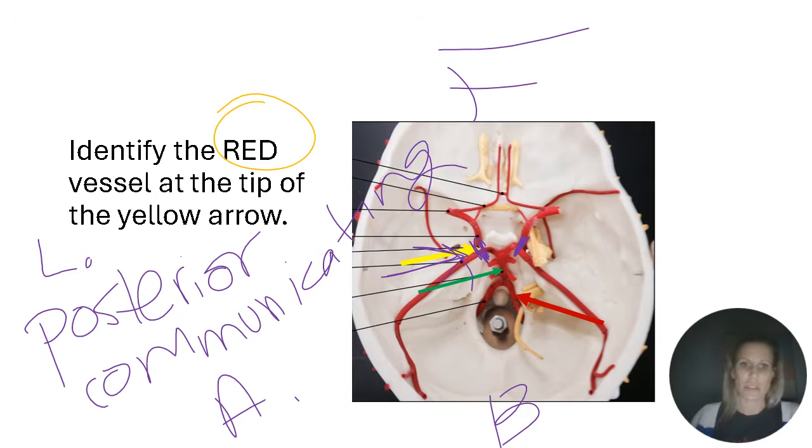So left posterior communicating artery. Remember, most of what we're looking at in here are communicating arteries and cerebral arteries. The cerebral arteries are the ones that are actually bringing blood out to the brain. Communicating arteries are just little ones that interconnect the others.